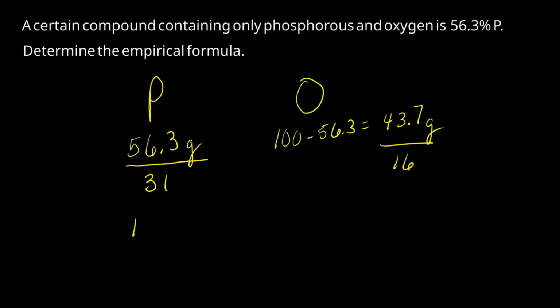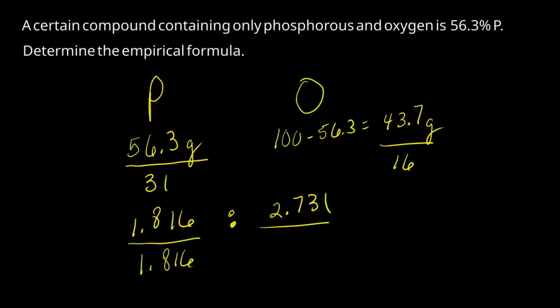So I get 1.816 and 2.731. Set that up in a ratio. I divide both by the smallest, 1.816. So this ratio will be a 1 to 1.5.